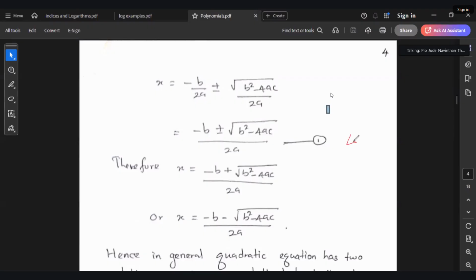A small triangle. This is the delta. So what is delta? Delta is equal to b square minus 4ac, not the root, only that component. b square minus 4ac is the delta of a quadratic equation, right? Okay.